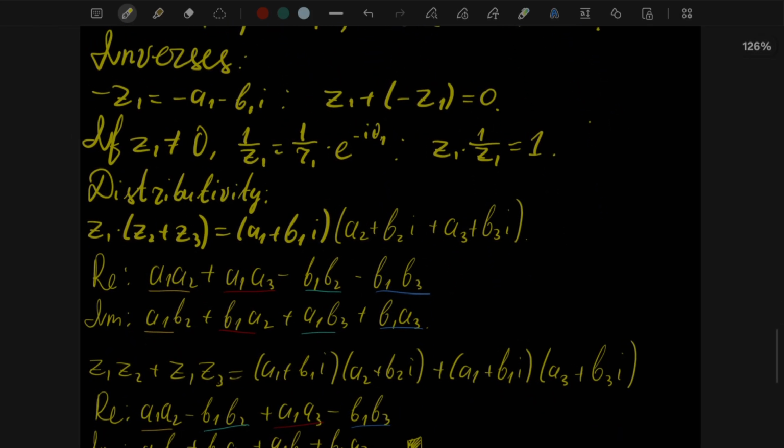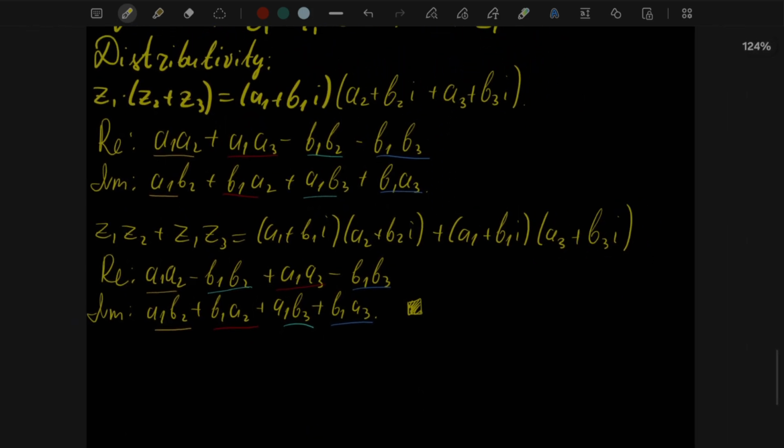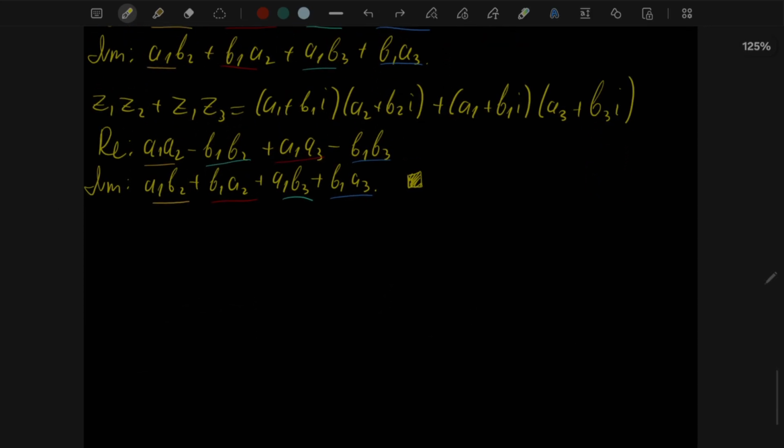Now the inverses are defined similarly, and distributivity is proven by expanding using the algebraic form of multiplication. And then we show that they are the same, aka the real part and the imaginary.